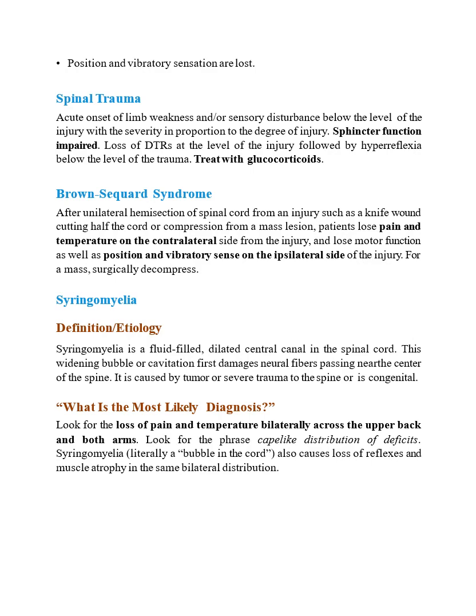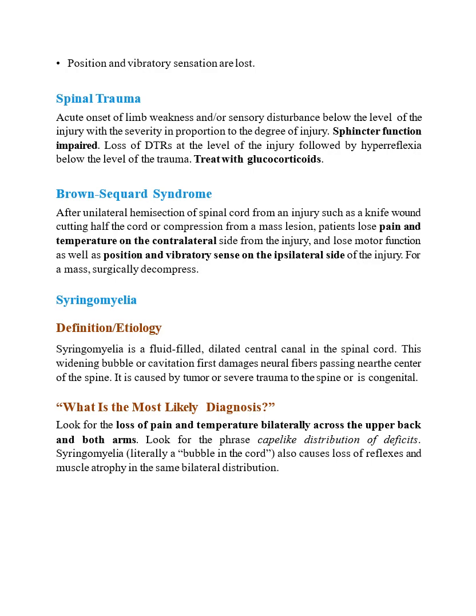Then there is another clinical situation, which is Brown-Séquard syndrome. This is after unilateral hemisection of the spinal cord from an injury such as a knife wound, cutting half of the cord, or compression from a mass lesion. The patient loses pain and temperature on the contralateral side of the injury, and this is the most important.